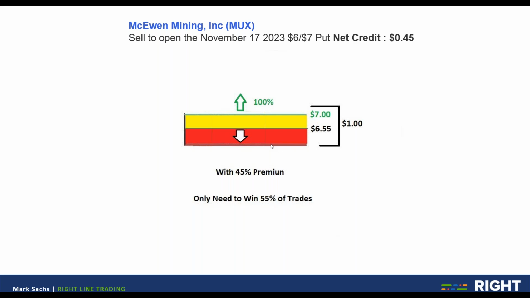But you obviously need a significant amount of money in your portfolio, and that's not what we shoot for. Because this is a didactic session, I want you to be aware that you can be assigned a stock if it falls through the lower boundary of the put that you purchased.